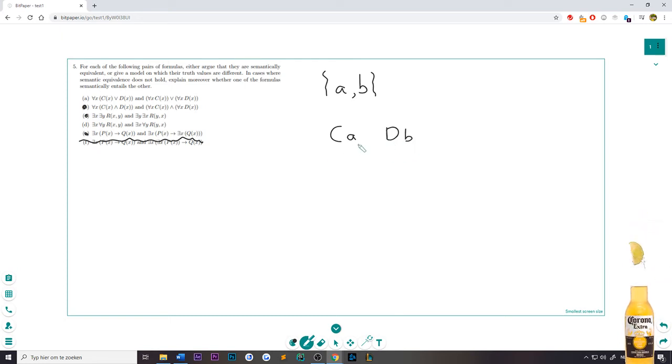So if this statement holds, this statement also holds by default. Therefore this formula here entails this formula here, because if this one is true, the other one will always be true, but it does not work the other way around. I hope that explains it a bit. So that's how you approach predicate logic.